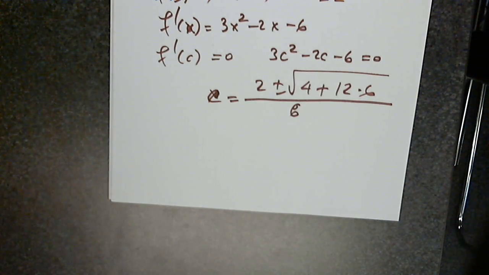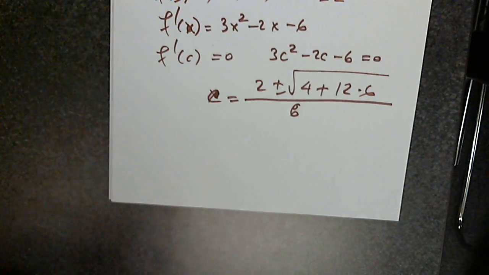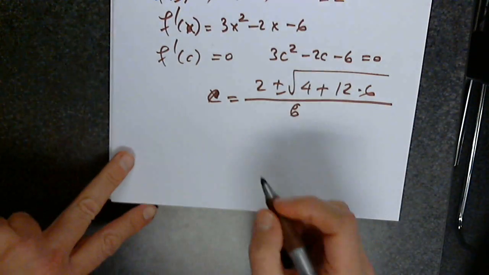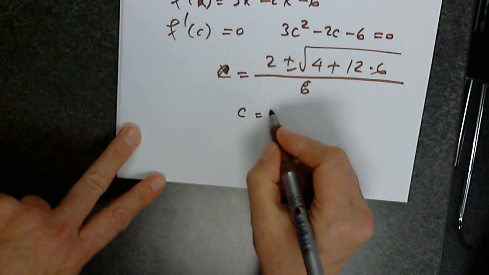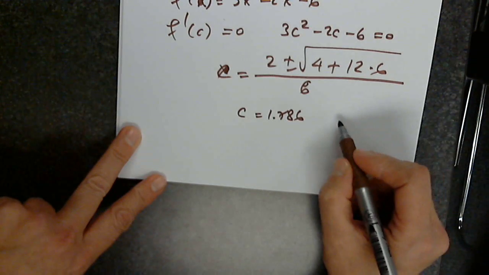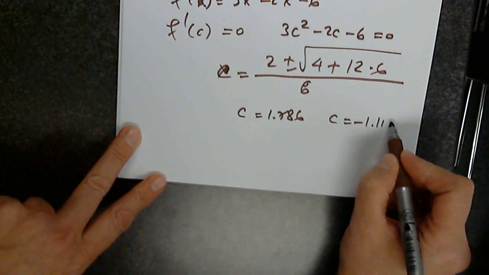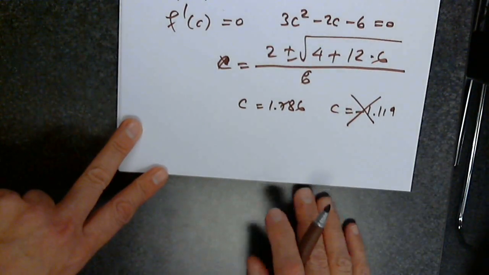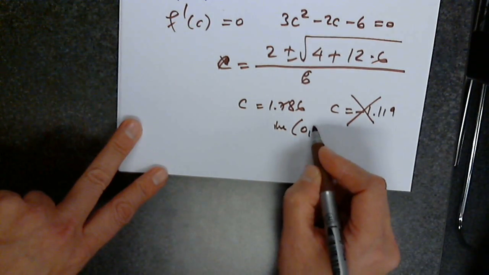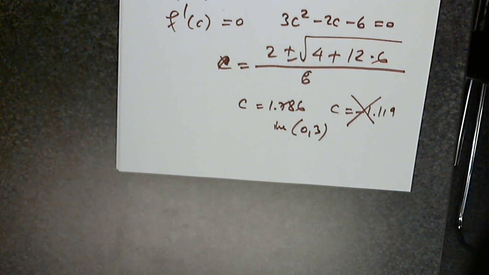So I got 2 options. But since the interval is 0, 3, only c equals 1.786 is in the interval. c equals negative 1.19 is not in the interval 0, 3. Any questions?